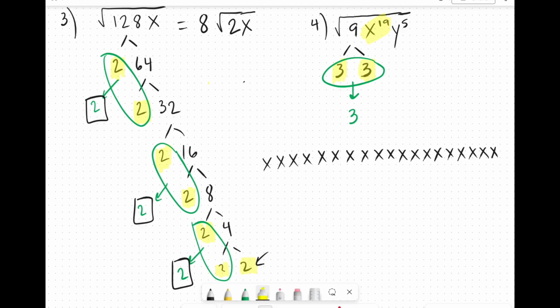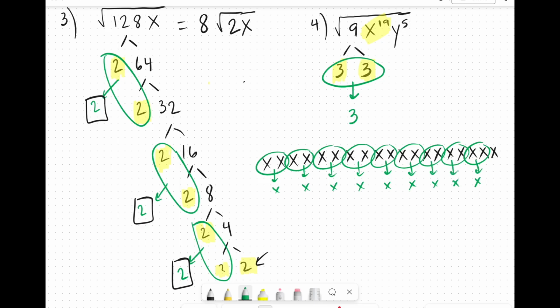I'm going to be doing the exact same thing I have been doing with the numbers, meaning I will be pairing x's 2 at a time and pulling one x from each pair to go outside of our radical in our answer. So from this picture, you can see that I have 9 green x's to go to the front of your answer and join this 3 that we already know will be in the front of our answer.